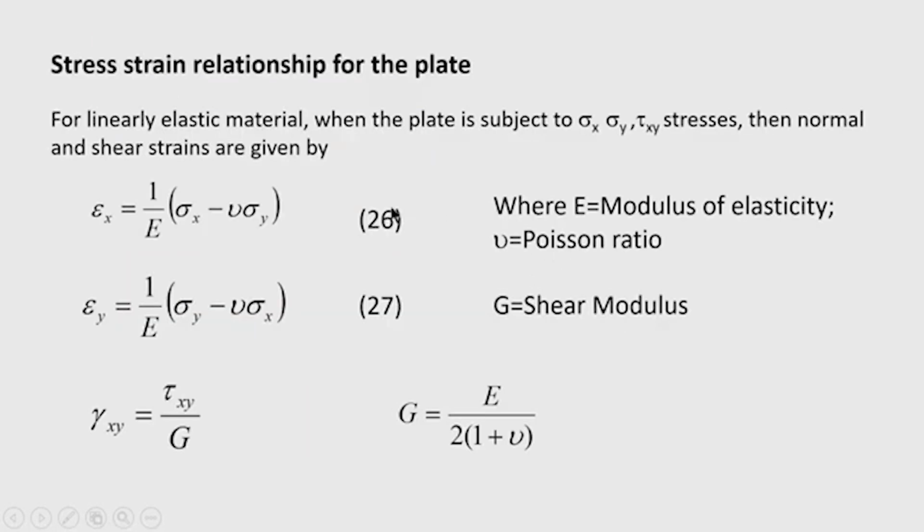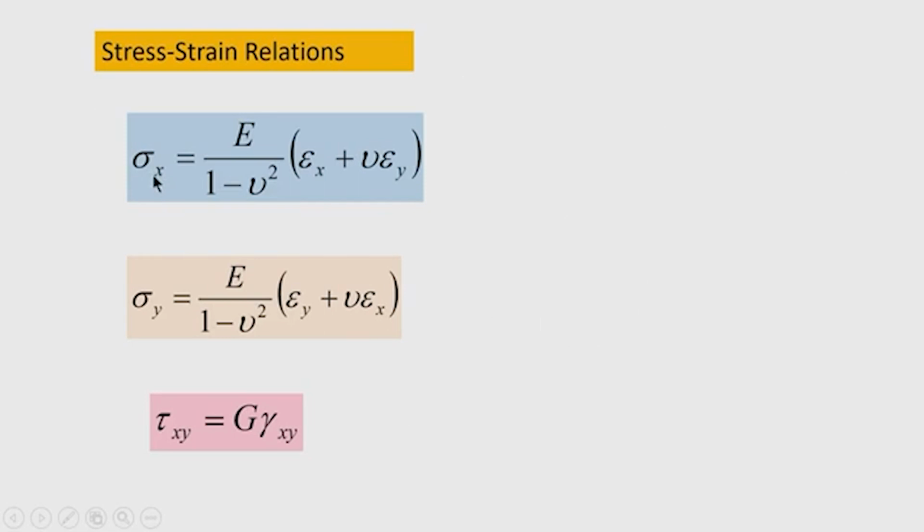Now, if I solve equations 26 and 27, because these are actually simultaneous equations with two unknowns, say sigma x and sigma y are the unknowns, whereas epsilon x and epsilon y are known, then solving 26 and 27, we can write sigma x equal to E divided by 1 minus mu square into epsilon x plus mu into epsilon y, and sigma y equal to E divided by 1 minus mu square into epsilon y plus mu into epsilon x.